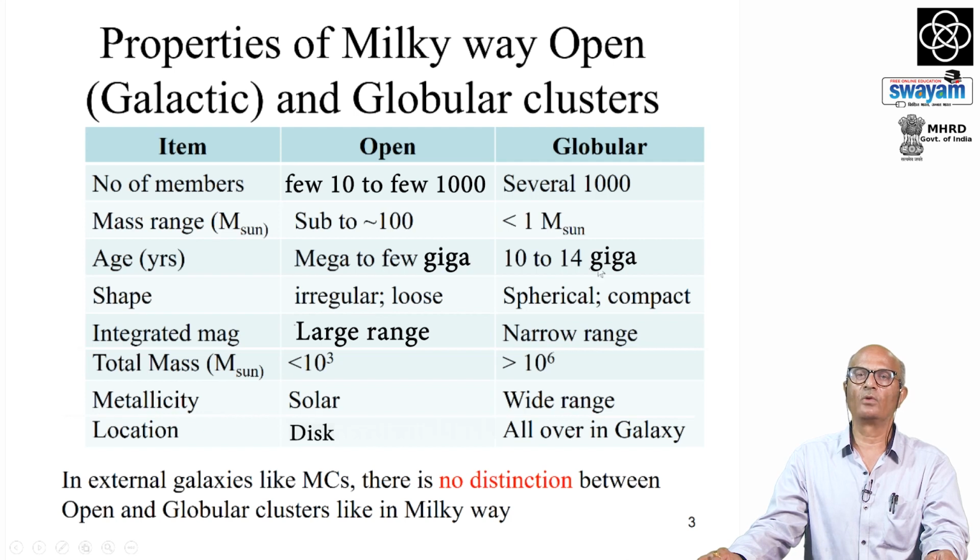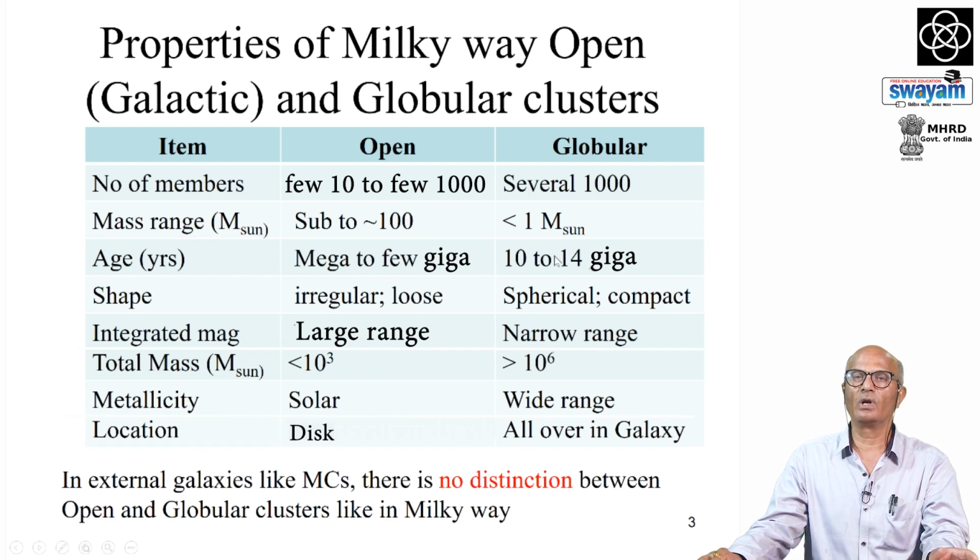In fact, globular clusters are the oldest objects in our galaxy, and star formation in the galaxy seems to have taken place in such a way that there is some gap, because open star clusters, which are loose, have a maximum age of only a few giga year.